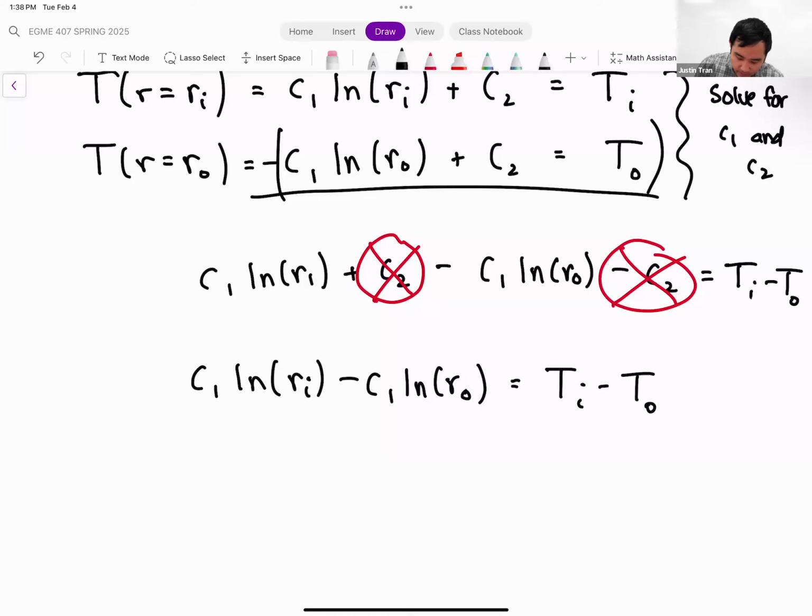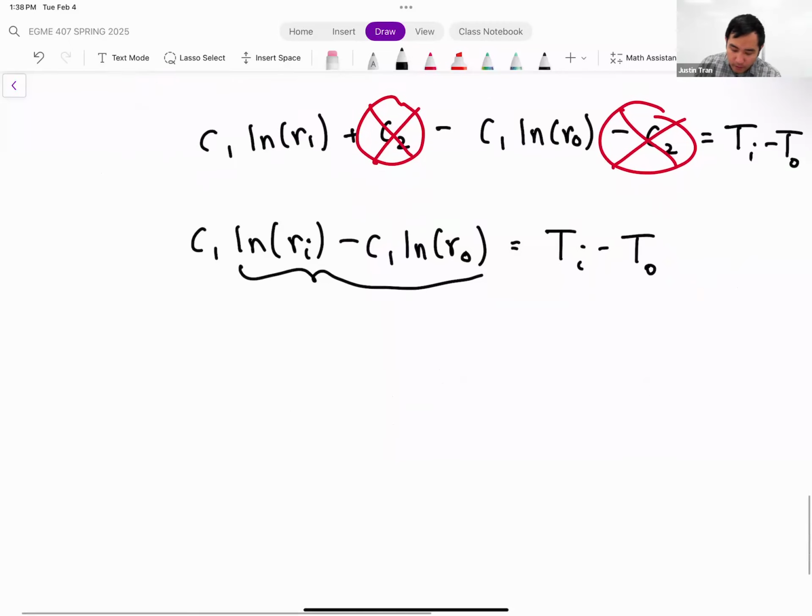Let's simplify this a little bit. So if you remember, this is a very rarely used mathematical identity that you might have learned in your calculus class, although this is honestly the only time I've ever seen it used.